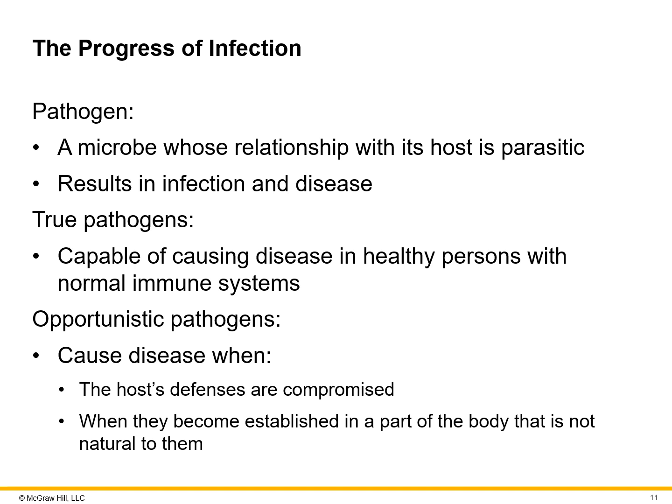All right, now how are these microbes actually able to cause an infection? So, the progress of an infection. A couple of terms: we've talked about pathogens before, but they are parasitic. They damage the host and can cause infection and disease. Now we also have the term true pathogens. These are capable of causing disease in a healthy person, so one who has a normal immune system.